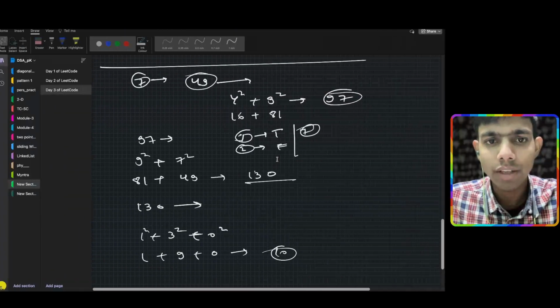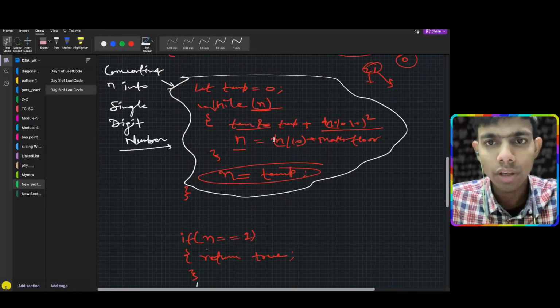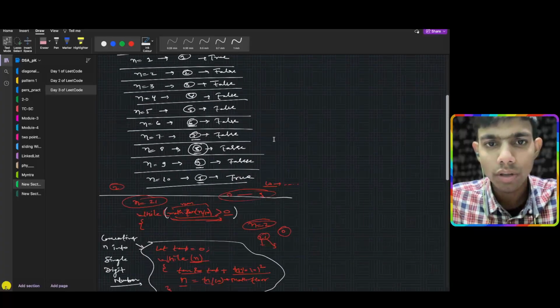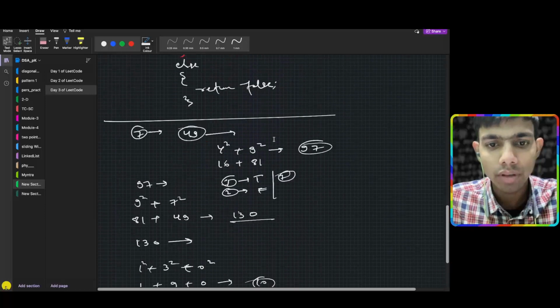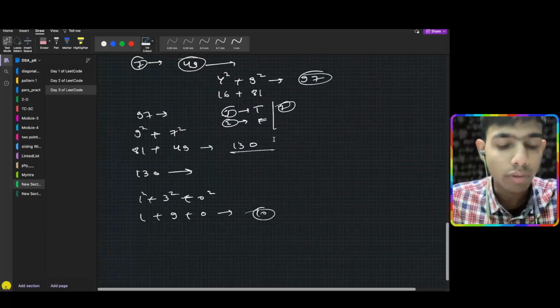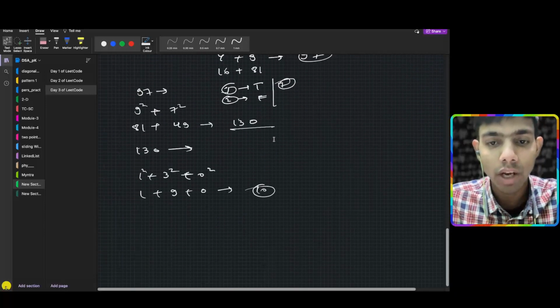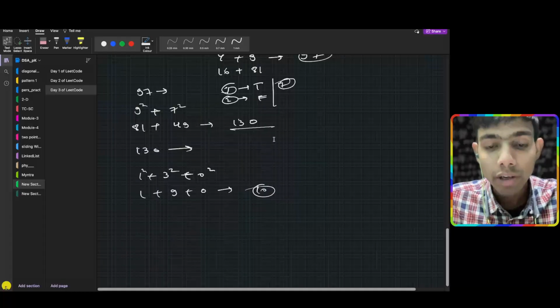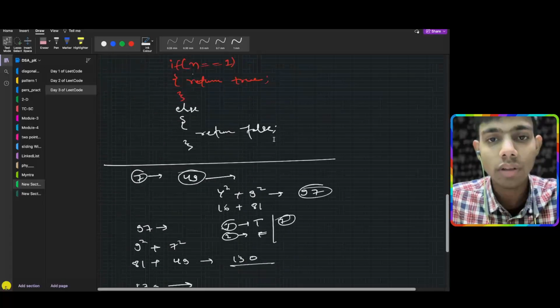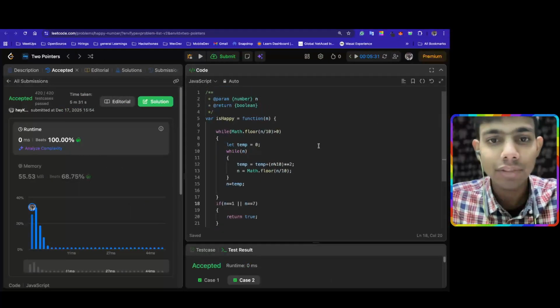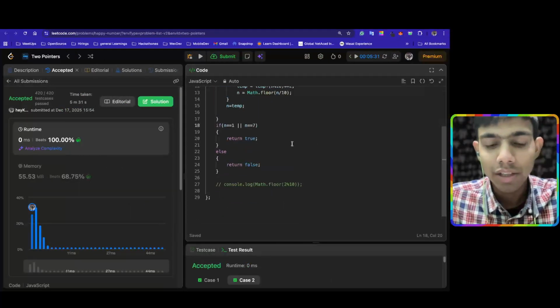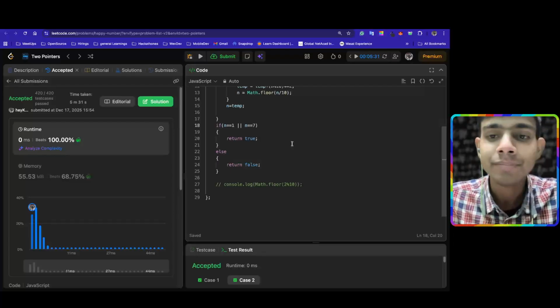We have seen the dry run, the code, whatever we were thinking and whatever we understood from the problem. So finally we are done with the DSA problem of the day.